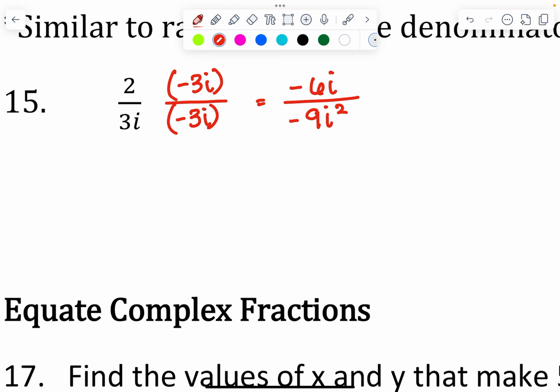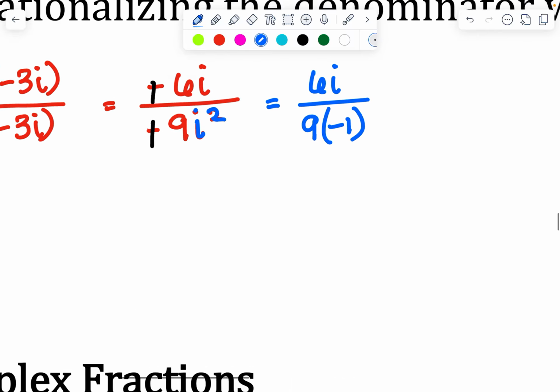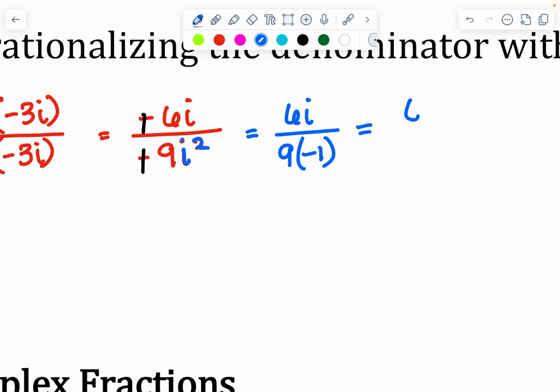Well, these negatives will cancel because negative divided by negative is a positive. And then you're looking at 6i divided by 9 times a negative 1, because remember, i squared is a negative 1. So 6i divided by a negative 9, reduce your fraction.